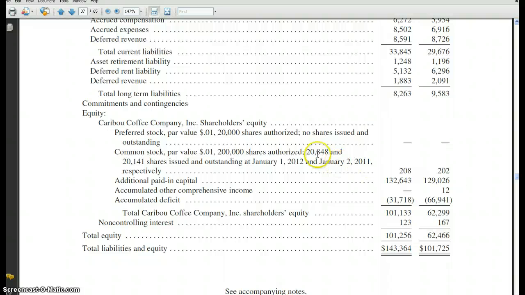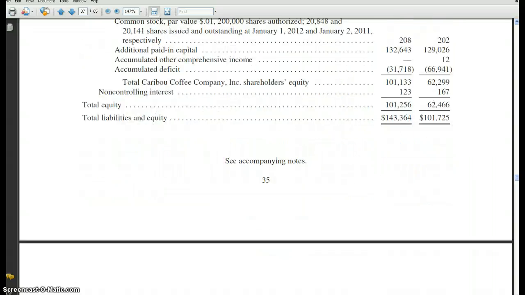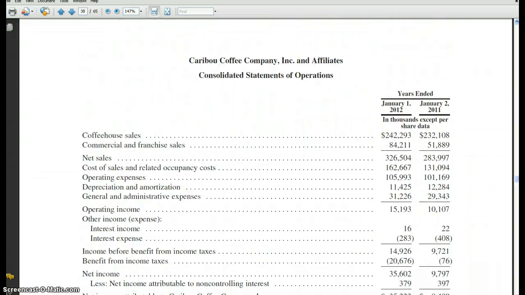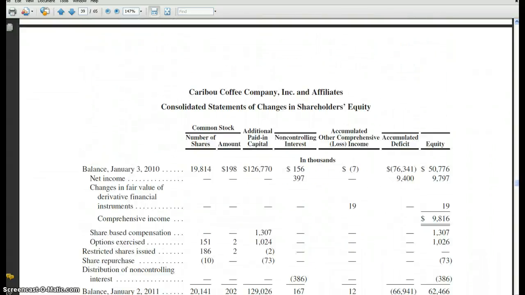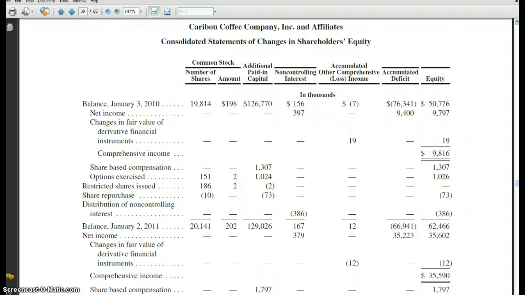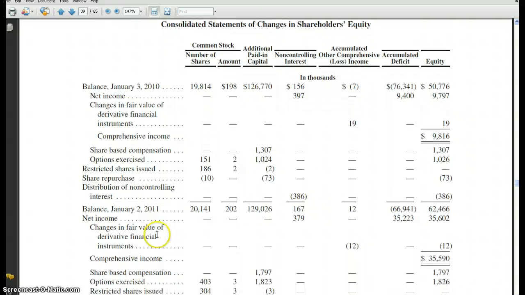Now it would appear that there is no treasury stock because the issued and outstanding are the same, but when I scroll down to the statement of changes in equity, it does show some share repurchase. Okay, and so that is here.